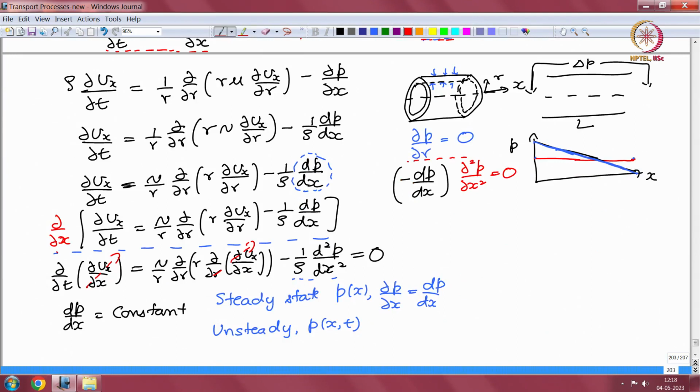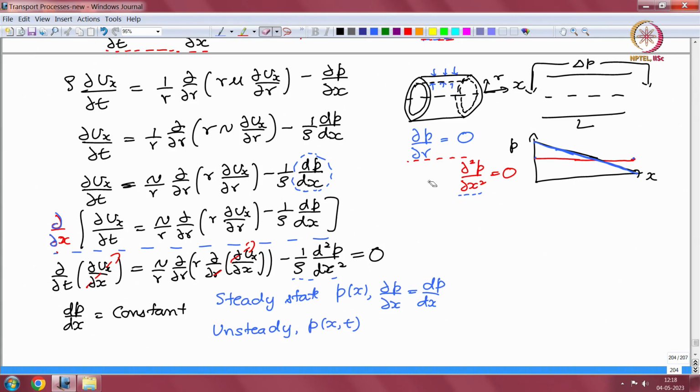And by taking the derivative of the momentum conservation equation with respect to the x direction, we had shown that d square p by dx square has to be equal to 0. The variation of pressure with respect to r has to be 0, and the second derivative of pressure with respect to x has to be equal to 0. That means that the pressure gradient dp by dx is a constant, or the pressure is a linear function of x.